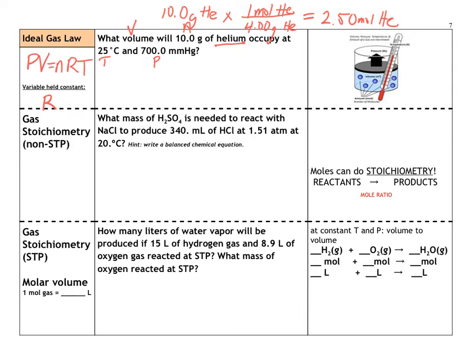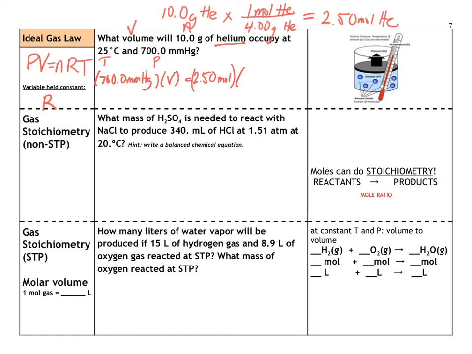So now we're ready to plug it into PV equals nRT, which is the ideal gas law. So starting off with P is 700 millimeters of mercury. V is our unknown. N is 2.50 moles. R, if you look at the very first page of your notes, R can be three different constants.